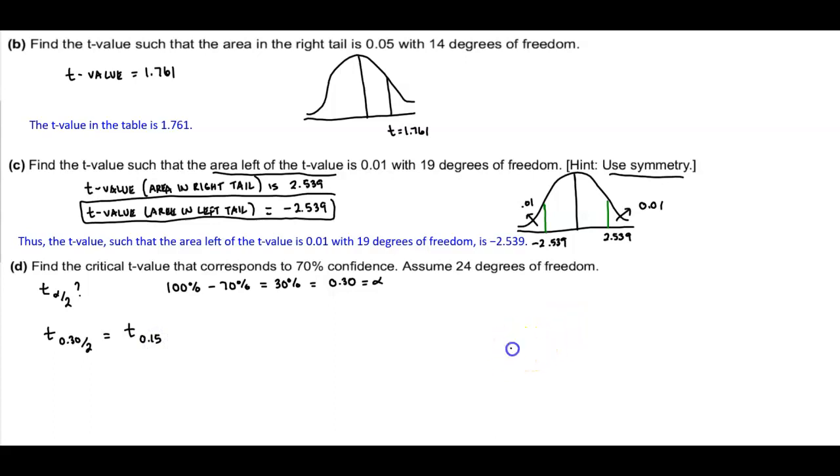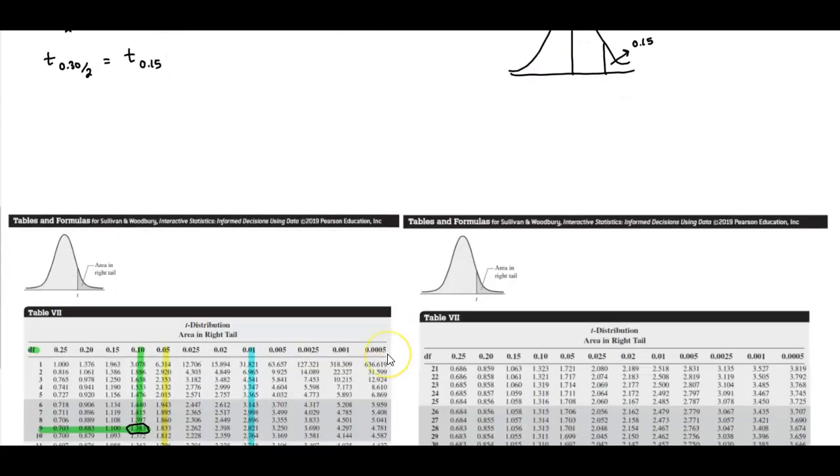So that tells us we're finding the critical value that corresponds to an area of 0.15, and we're looking for the t-value there. We know that the degrees of freedom is 24 and we have the area of 0.15. Let's use the table.